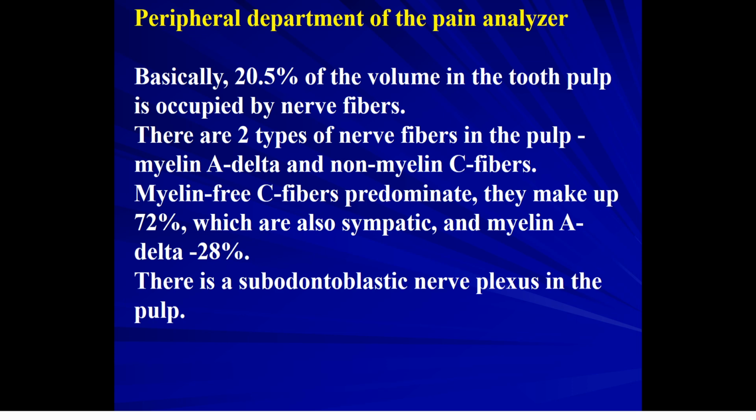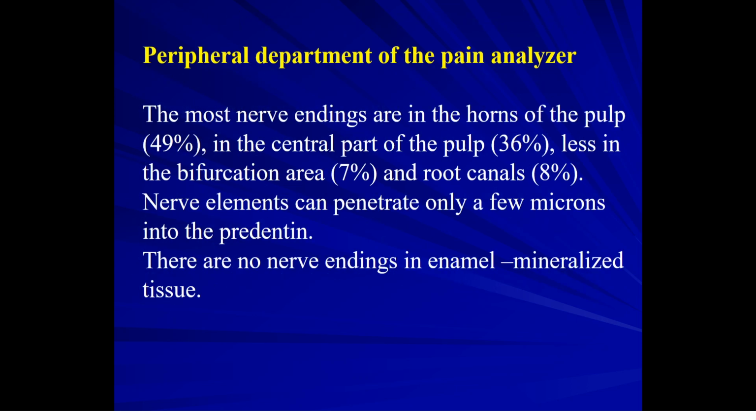There is a subodontoblastic nerve plexus in the pulp. The most nerve endings are in the horns of the pulp, in the central part of the pulp, less in the bifurcation area and root canals. Nerve elements can penetrate only a few microns into the predentin. There are no nerve endings in enamel, a mineralized tissue.